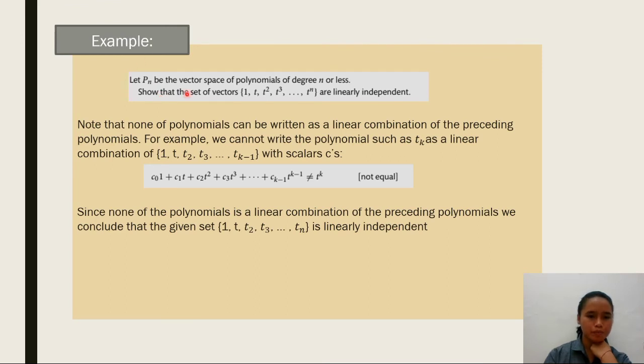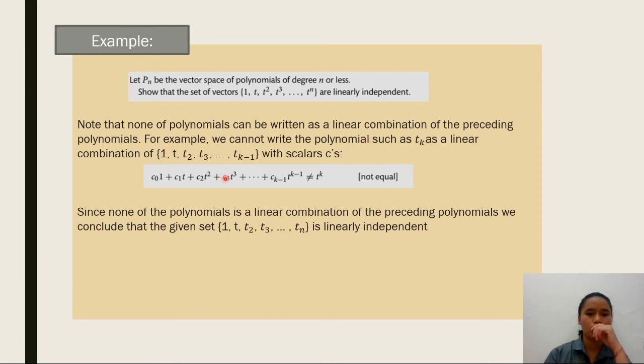Example: we have a set of vectors that are linearly dependent. One of the polynomials can be written as a linear combination of the preceding polynomials.